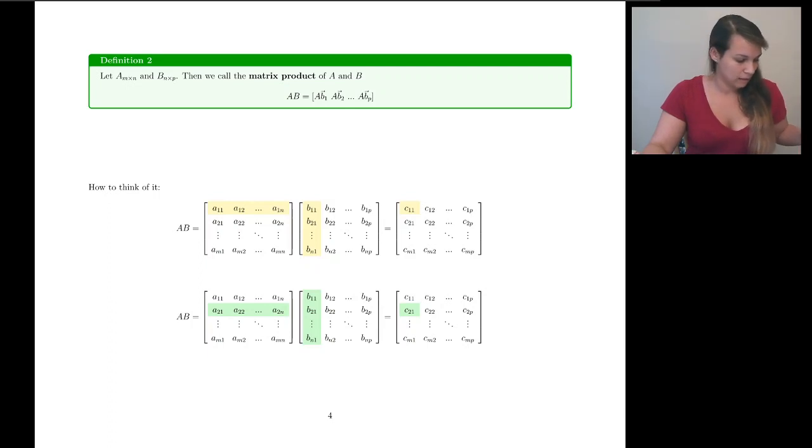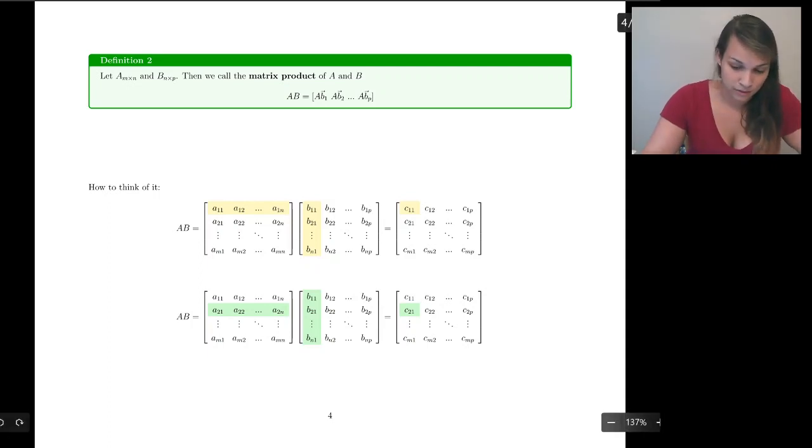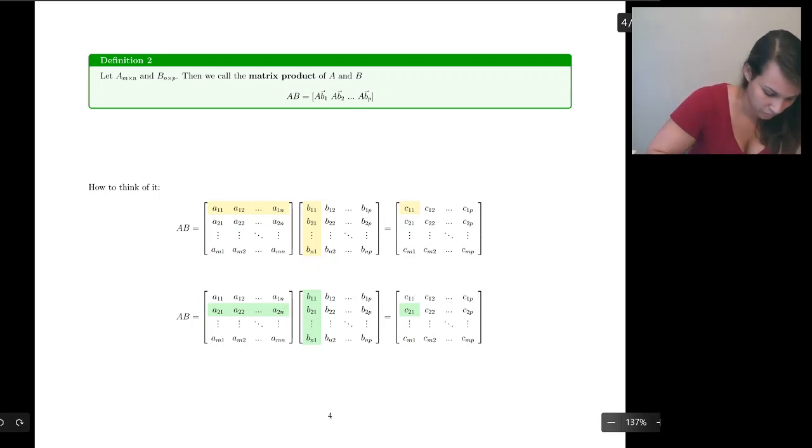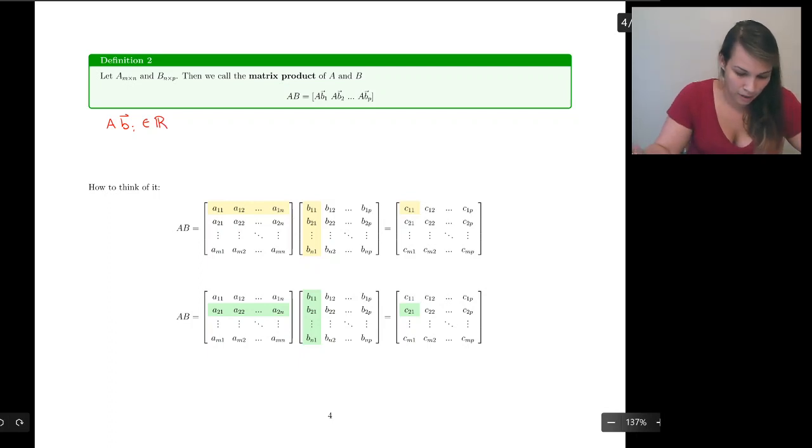Let's see. So remember that A times Bi is going to be a vector. I'm just going to write this down. A times Bi is a vector. But where does it live? Let's see.